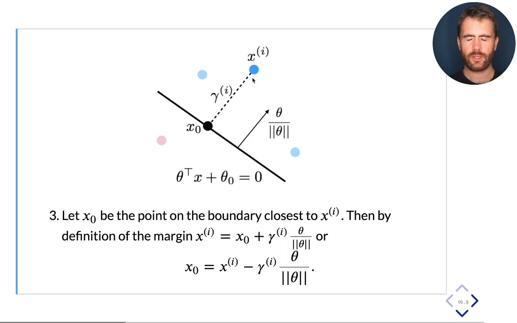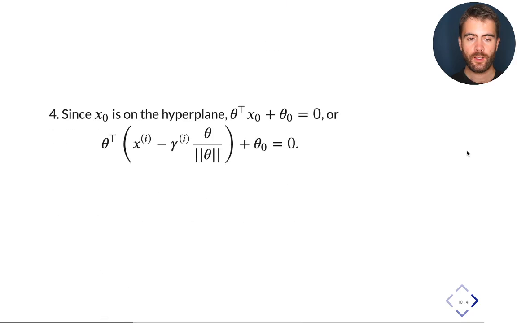This is just by construction and because of how I define all these values. And then rearranging terms, I can find that x0 equals xi minus gamma i times my perpendicular vector. So again, we can easily verify this geometrically.